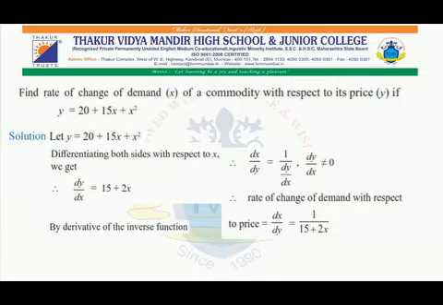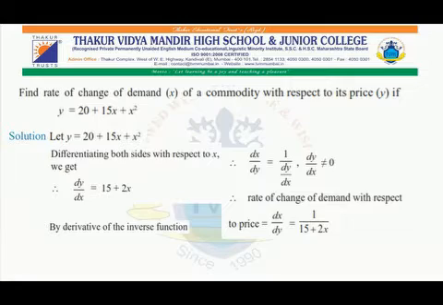Let y equals 20 plus 15x plus x square, as in the question. Now differentiating both sides with respect to x, we get dy by dx equals, since 20 is a constant, its derivative is 0. For 15x, the derivative of x is 1, so 15 into 1 we get 15, plus x square.